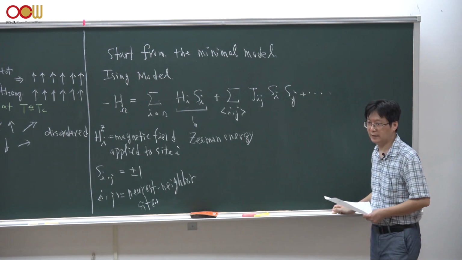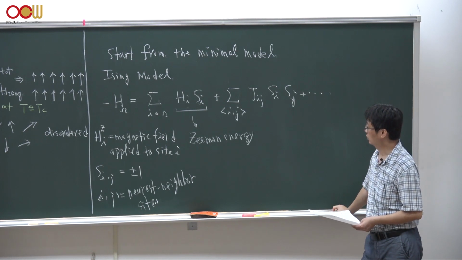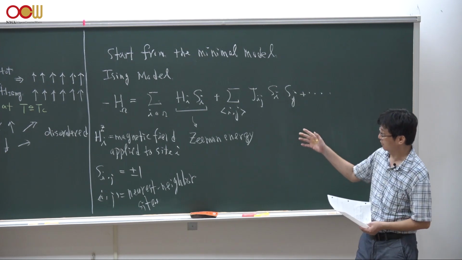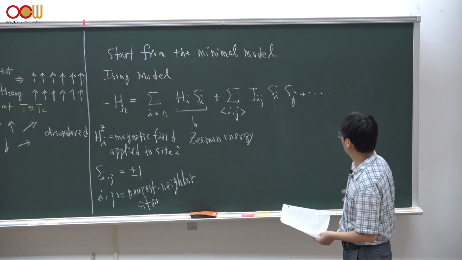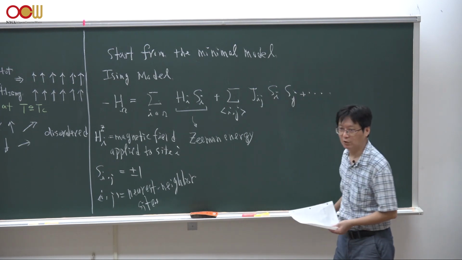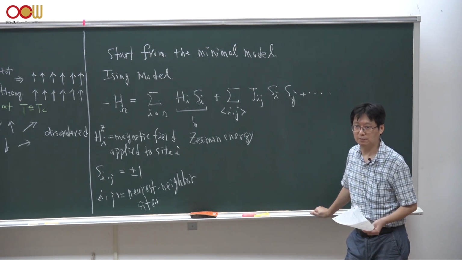Of course, we can have more terms than just these two terms, but again, we start from the minimum model, and these two terms are the most important terms in it.